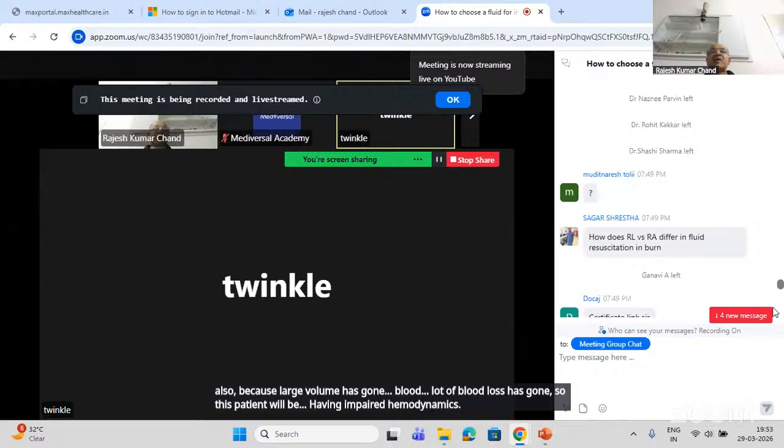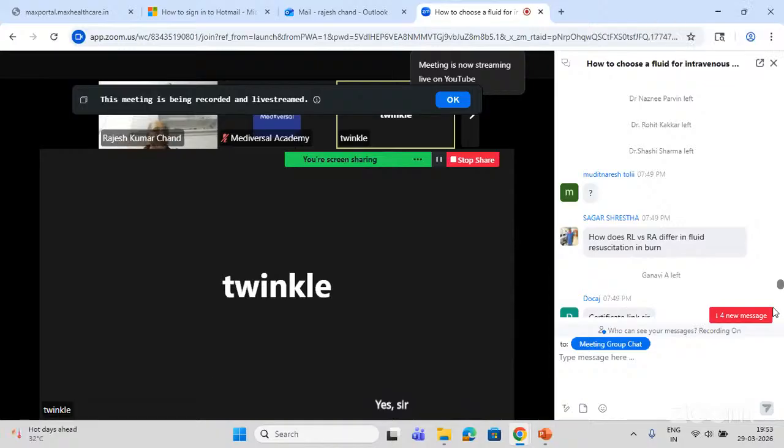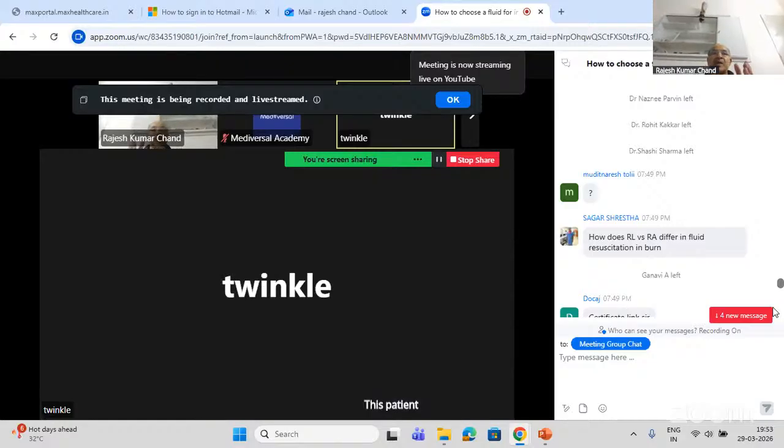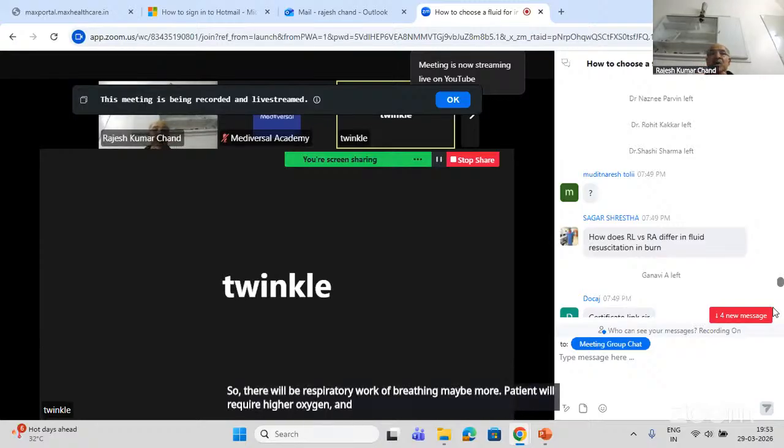This patient may also have overloaded lungs, because the lot of fluid which has gone would have gone into the extracellular space also, and the lungs probably will be heavy. Immunomodulation would have happened, and this patient may have some kind of capillary leak. So the respiratory work of breathing may be more, the patient will require higher oxygen, and hemodynamics need to be maintained.